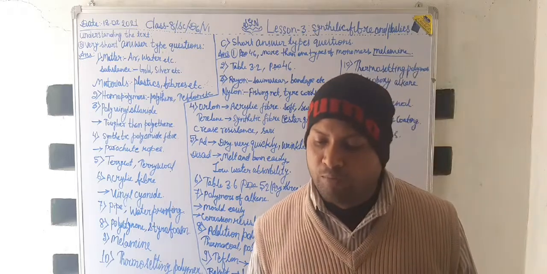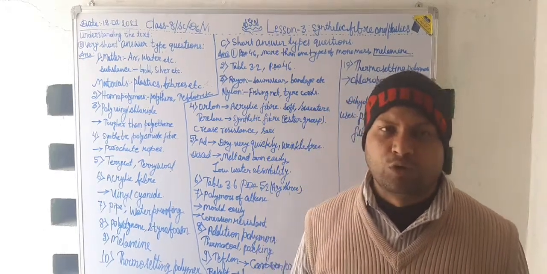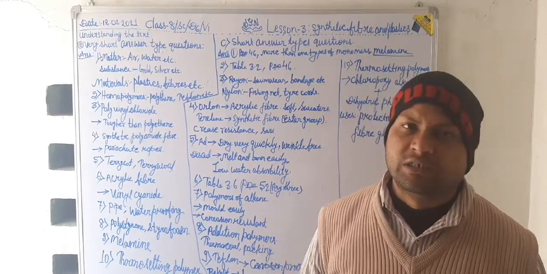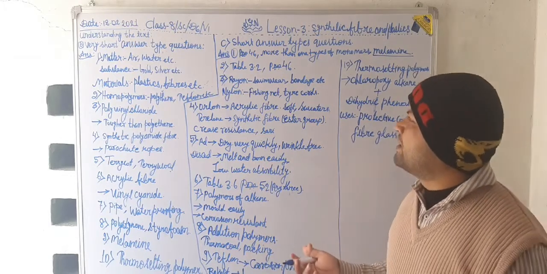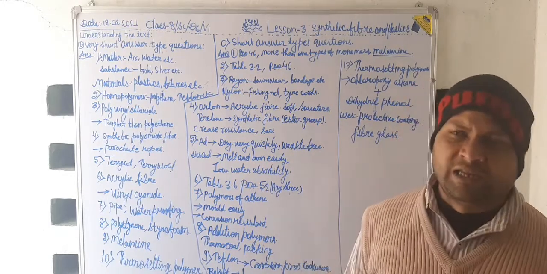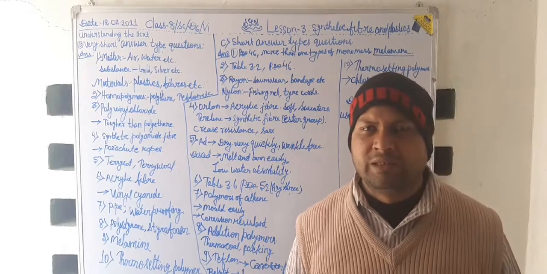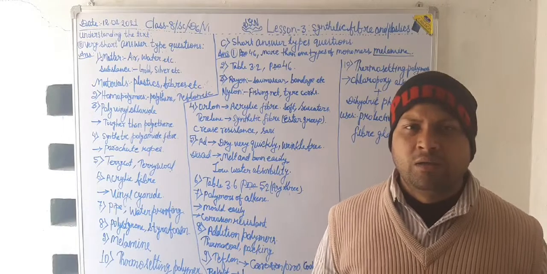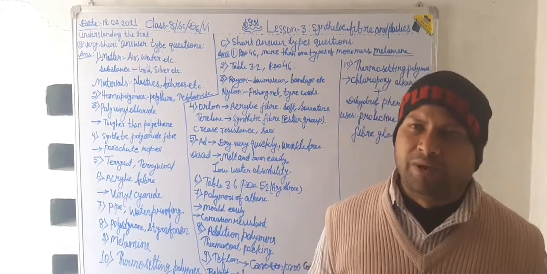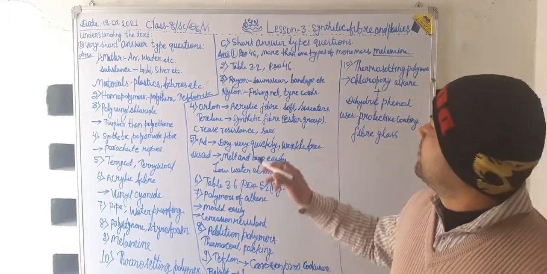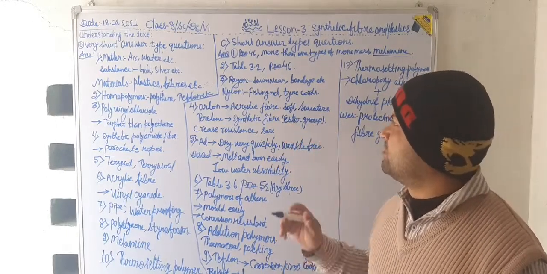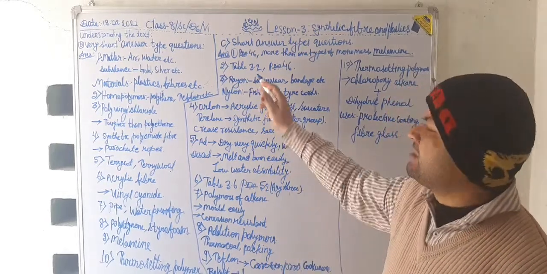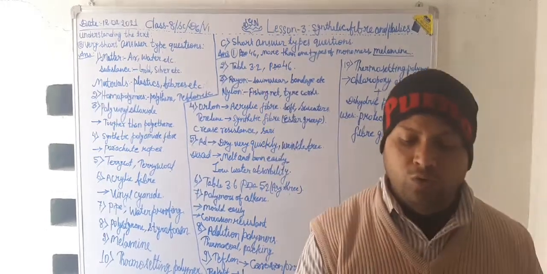Now second question: mention the differences between natural fibers and synthetic fibers. Natural fibers are obtained from nature, and man-made fibers are made by humans. The differences are given on page number 46 in table 3.2.